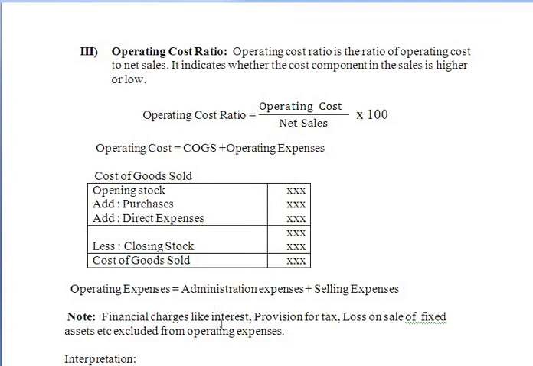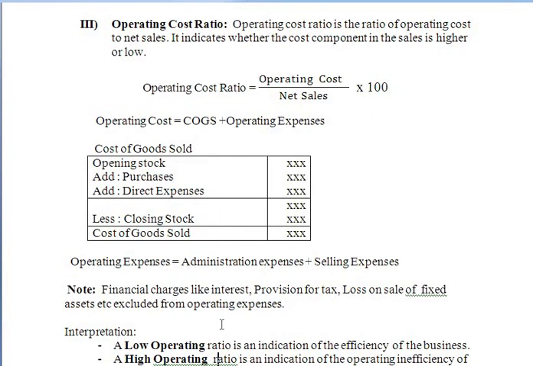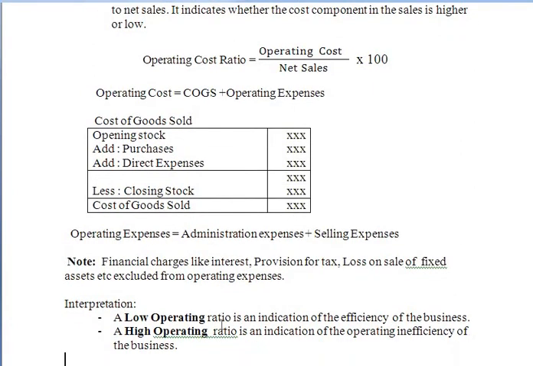Now the interpretation of operating cost ratio: if the ratio is low, then it is an indication of the efficiency of the business. The ratio will be low when there is less operating cost, and it indicates the efficiency of the business firm, which is able to control the operating cost. Let me repeat the interpretation once again.